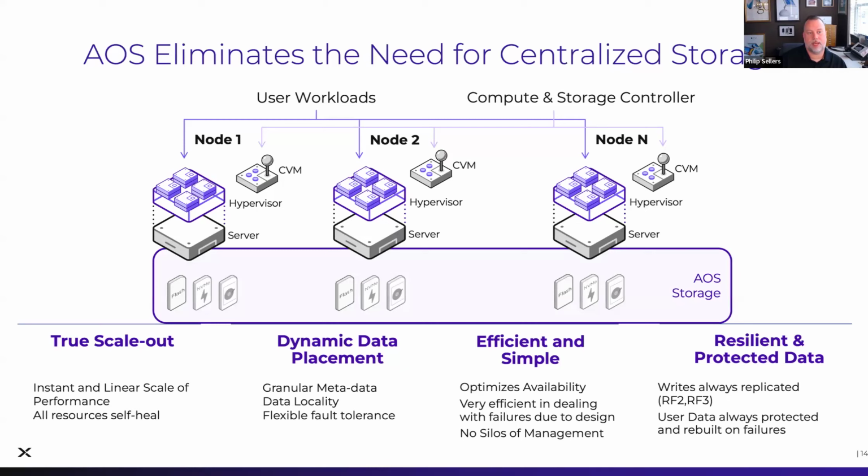I know it's common sometimes in vSAN to think about this concept and have different pools of storage. That's not the case inside of Nutanix. AOS consumes all the disks, puts them into a single storage pool, and then any differences you need on a per VM basis are handled with storage containers and settings.